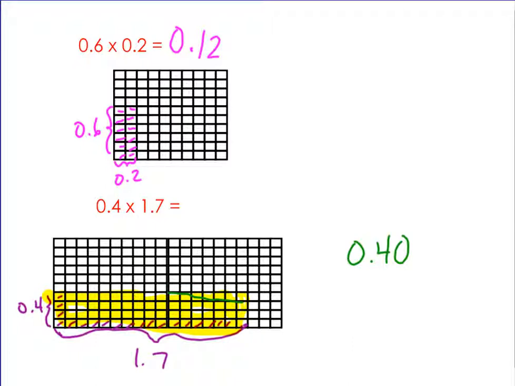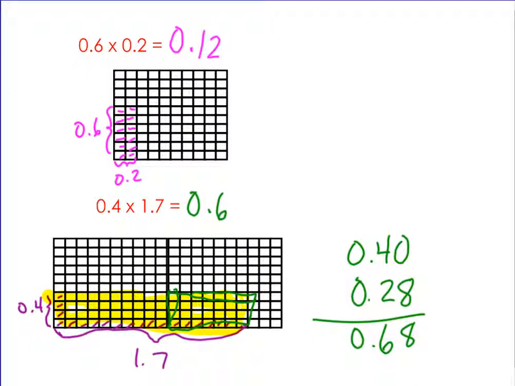So 28 squares altogether are shaded out of this 100 block. So that's 28 hundredths, or 0 and 28 hundredths. And when I add them together, I have 0 and 68 hundredths. So 0.4 times 1.7 is 0.68. And this is how we use decimal models to multiply decimal numbers.